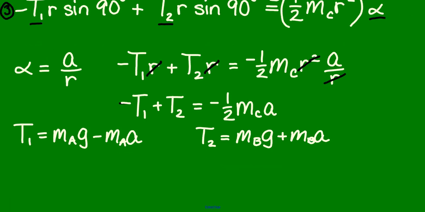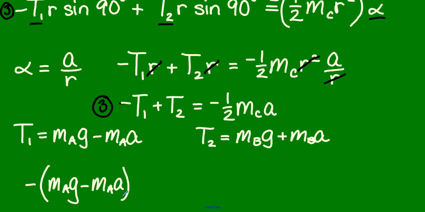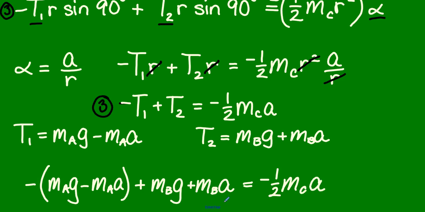Plugging those two expressions into my torque equation, which again, I'll call equation 3, looks like this. I say negative, and in parentheses, MAg minus MAa plus MBg plus MBa equals negative 1/2 MCa.